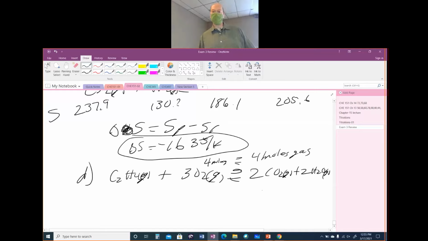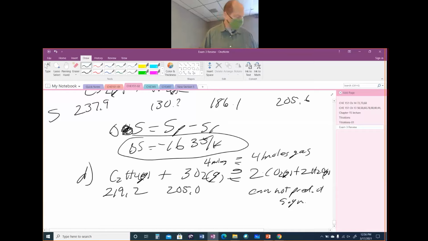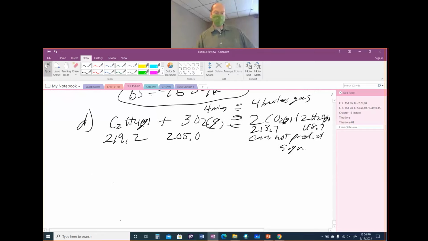So you cannot predict. Here's where you would have to do the calculation in order to find out if it is positive or negative. So you have your 219.2, your 205.0, your 213.7, and your 188.7. Be sure that you are getting H2O gas, not H2O liquid. Make sure you're looking at the phases. They will be labeled clearly.